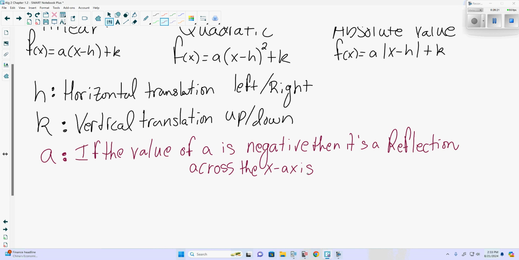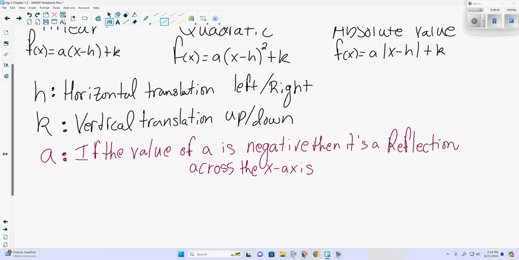If that number is negative, it's a reflection. If it's positive, it's another thing entirely. Because if we're looking for a reflection across the x-axis, that A value has to be negative. Because if A is positive 1/3, there's no reflection. It's just 1/3. That's going to be dealing with vertical stretch shrink.